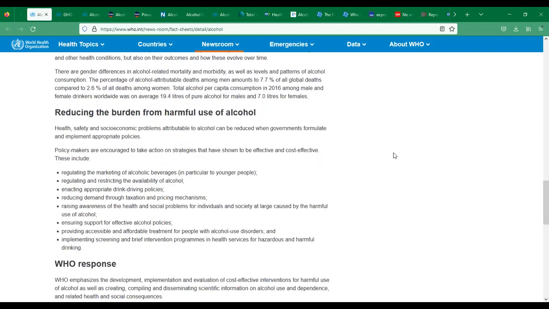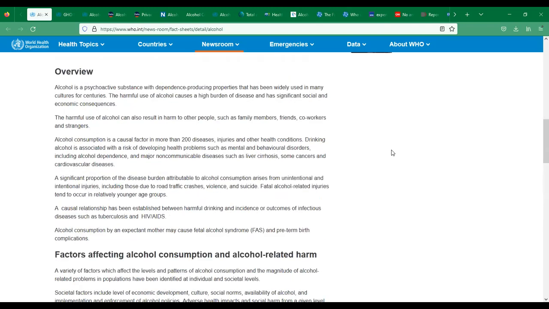We need to remember also that the burden of alcohol, the damage that alcohol can cause, is not only about the person himself or herself, but also about the country: the monetary consequences, the treatment, the support.